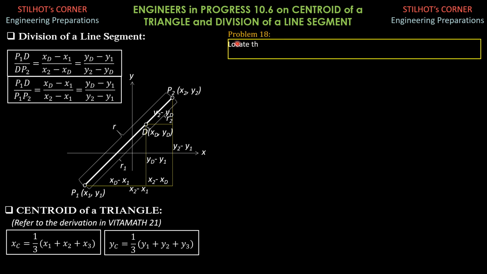So here is the first problem. Locate the centroid of the triangle having the vertices P1 (2, 3), P2 (3, negative 3), and P3 (negative 1, negative 4). So this is simply applying the formula. The centroid x sub c is 1/3 of quantity 2 plus 3 plus negative 1, that's 4/3.